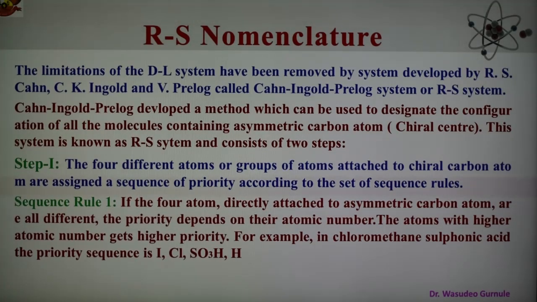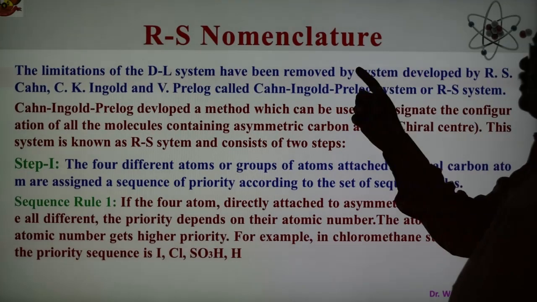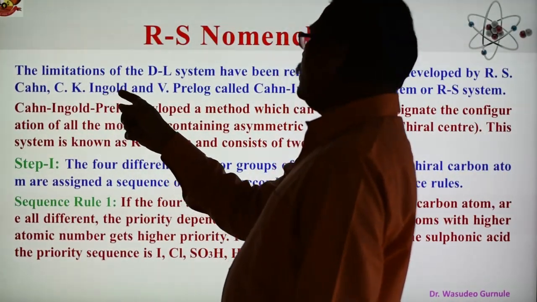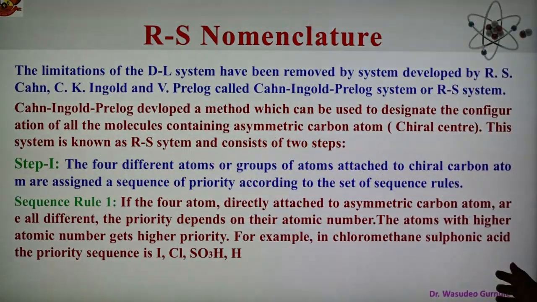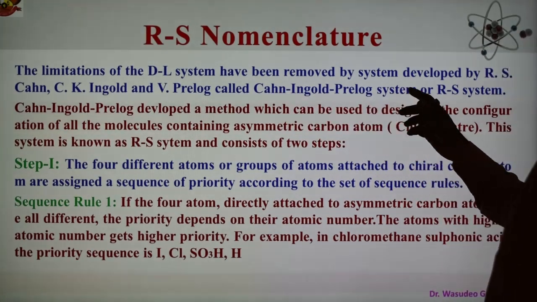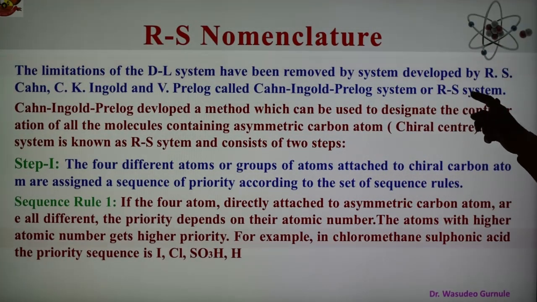Most of the limitations of the DL system have been removed by this RS system, which was given by the scientists Cahn, Ingold and Prelog, and therefore it is also known as the Cahn-Ingold-Prelog system, or in short the RS system of nomenclature.